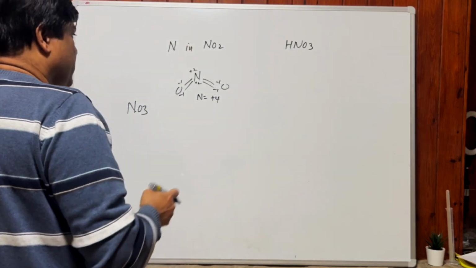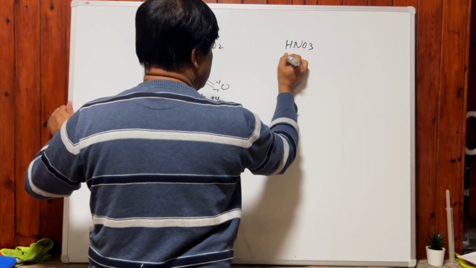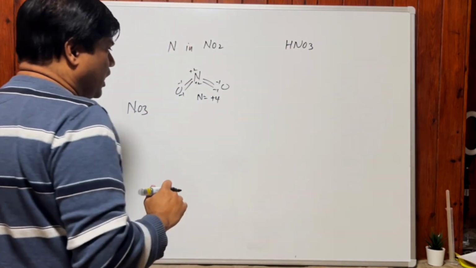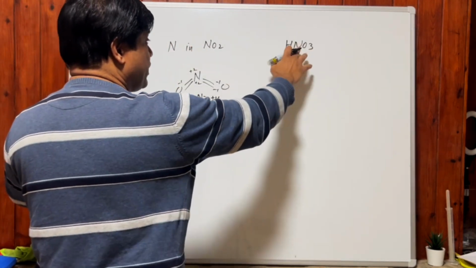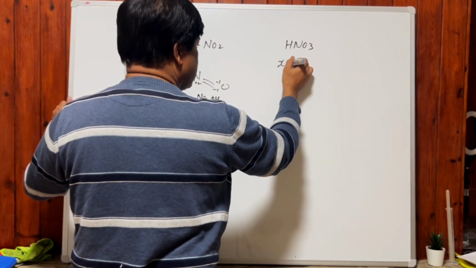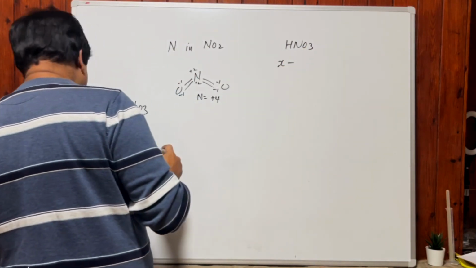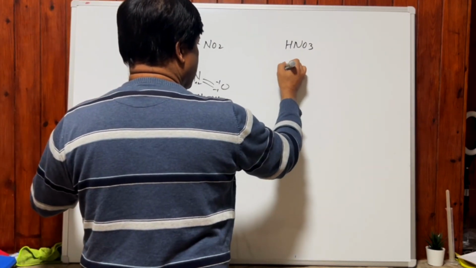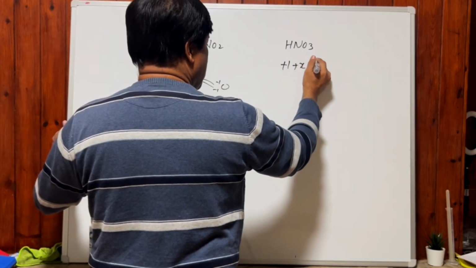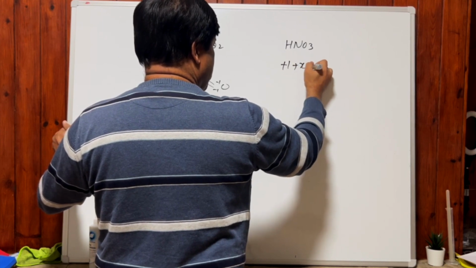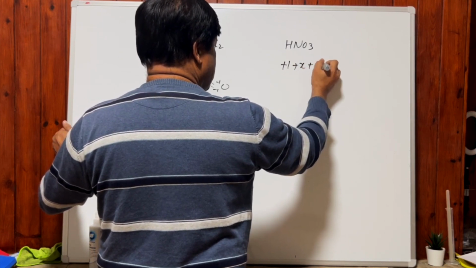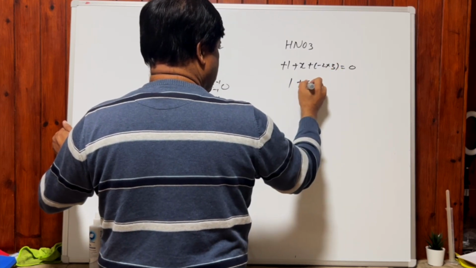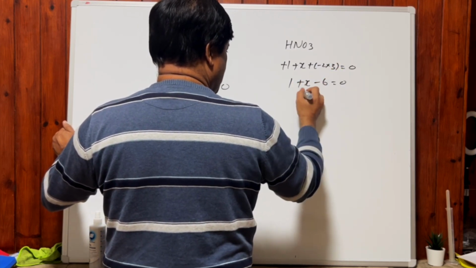Let's use the formula to figure out the oxidation state of nitrogen in HNO3. X, hydrogen is plus 1, plus X, minus 2 times 3 equals 0. 1 plus X minus 6 equals 0.